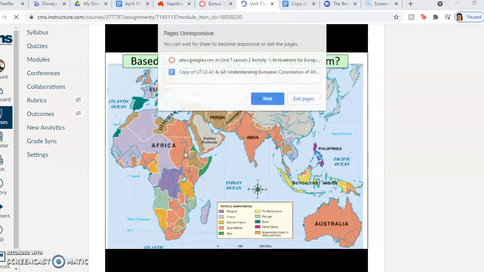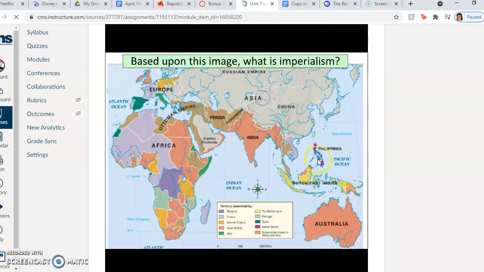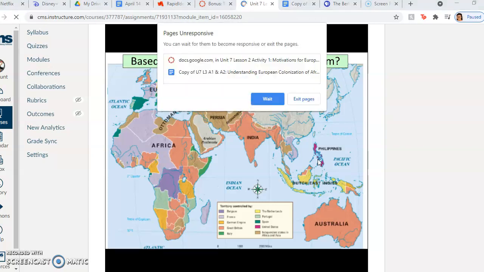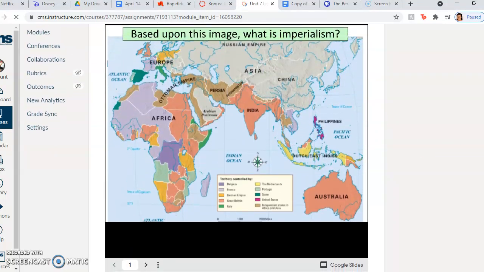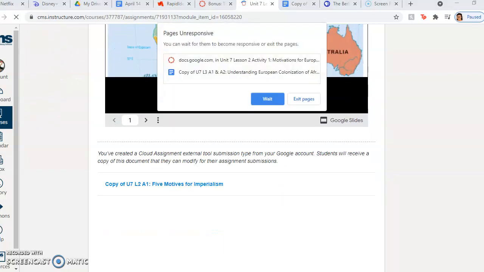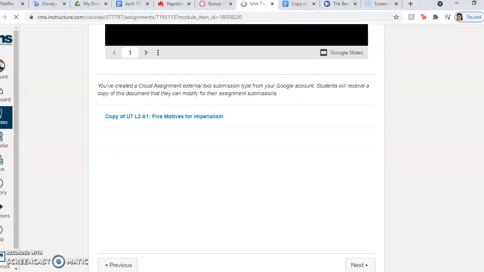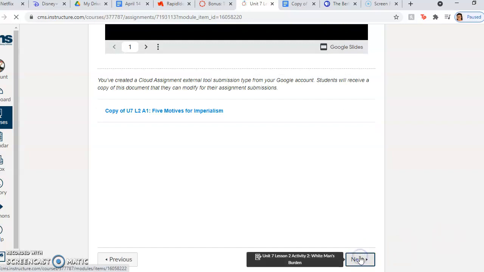And from the count that we did on May 5th, there were 8 to 10 countries that had their claims on Africa through this vice of imperialism. And it's through imperialism that we end up seeing the origins of supremacy and superiority.